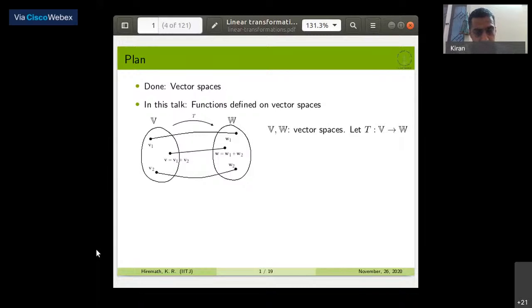We are going from V to W, but in some cases we also want to come from W to V, right? As Sandeep has pointed out, there is a problem with the inverse. When we define the inverse, two different elements are getting mapped to the same element, and then it is disturbing the structure.